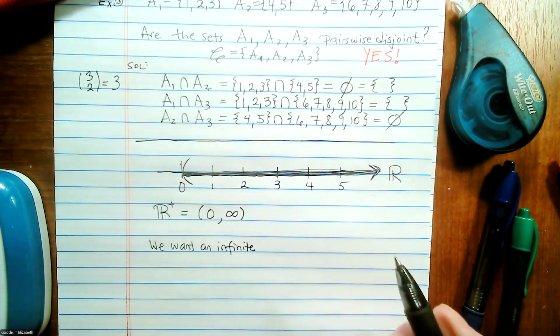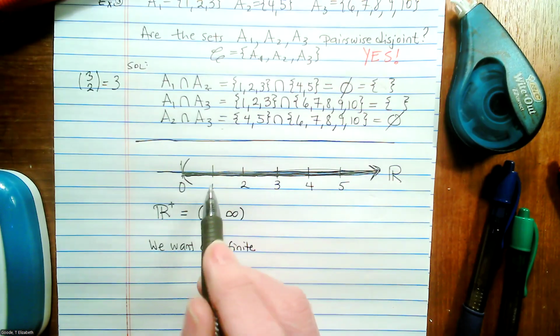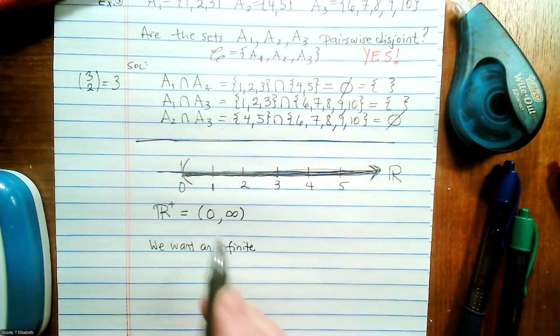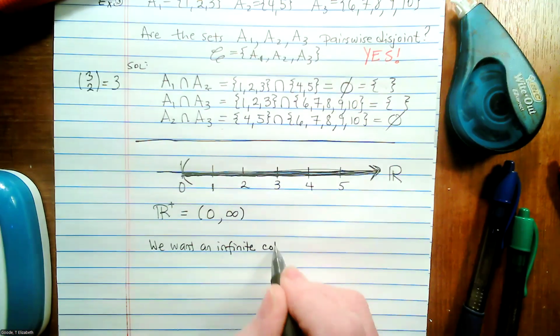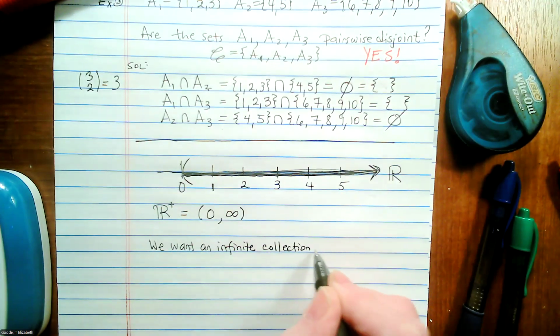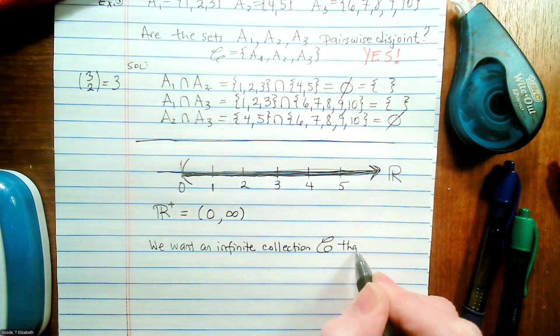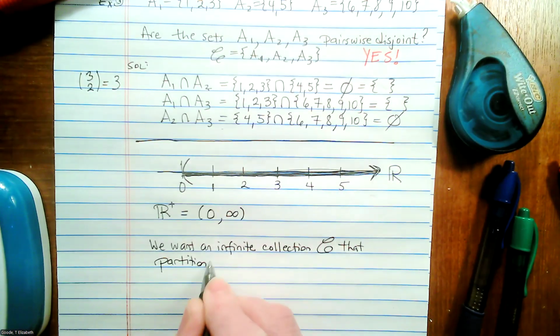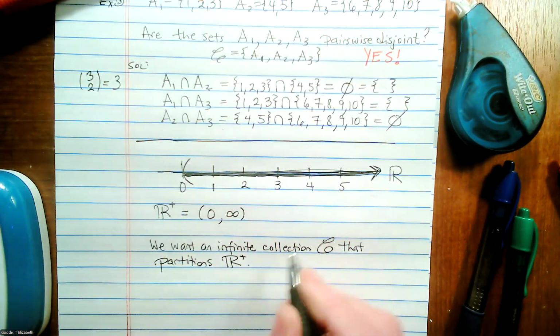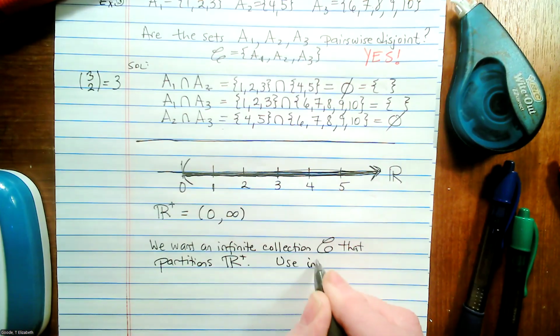We can start with whatever indexing number we want to start with. We can start with 1 if that's convenient, or we can start with 0 if that's convenient. We want an infinite collection, C, that partitions R plus. And we're asked to use interval notation.